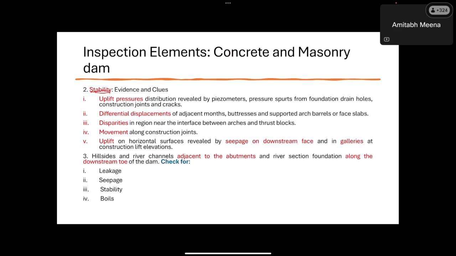So these parameters are like uplift pressure. That can also exceed the permissible limits, or maybe some vents are jammed or something like that. There may be some differential displacement in the blocks. We'll cover these things in detail. It is just an overview. And there may be abnormal movements and uplifts.